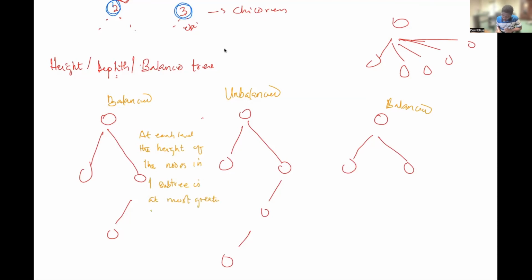I'll explain this, so don't worry. Let's see what we mean by this. What we simply mean is that if we take this tree here, and we take the left subtree, this is the left subtree.